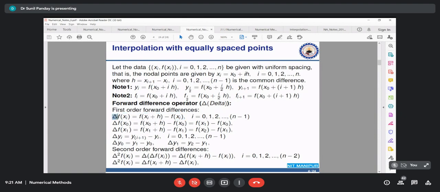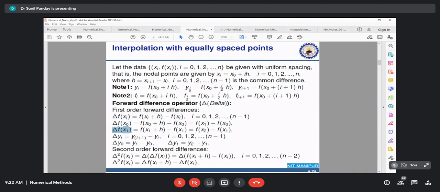Whenever you apply this delta to any f(x), it will add f of xi plus h and then subtract f of xi. Similarly, if I substitute x naught, I will get the first forward difference of f of x naught, which is f of x naught plus h minus f of x naught, and that is f of x1 minus f of x naught, because x naught plus h is my x1.